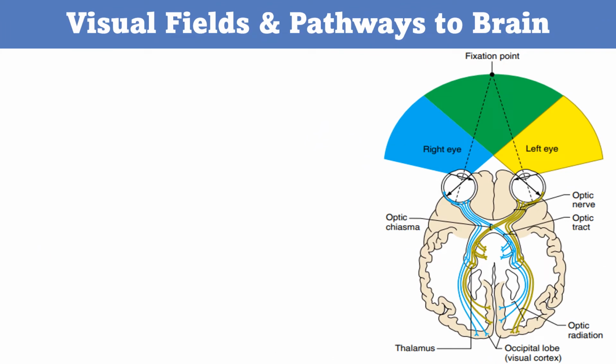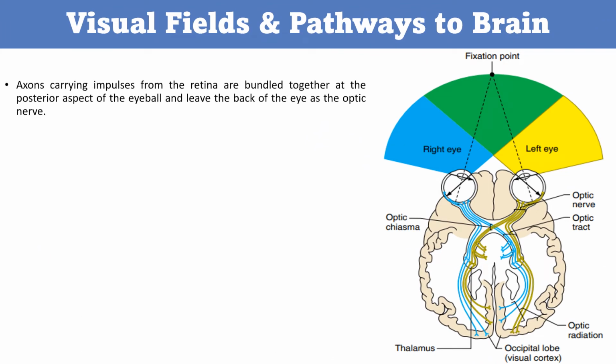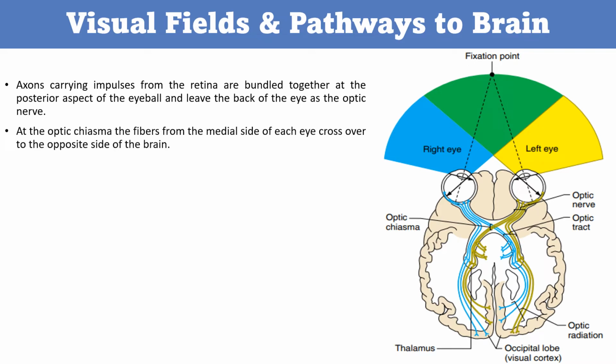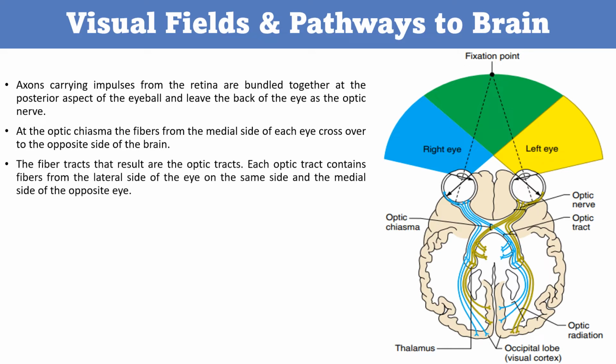Visual fields and pathway to the brain. Axons carrying impulses from the retina are bundled together at the posterior aspect of the eyeball and leave the back of the eye as the optic nerve. At the optic chiasma, the fibers from the medial side of each eye cross over to the opposite side of the brain. The fiber tract that results is the optic tract.